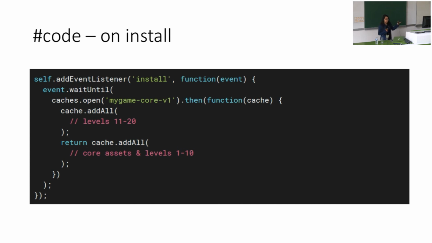Please note that these are asynchronous operations, so it might be the case that the service worker has terminated before these operations actually complete, which is why we provide an event.waitUntil so that the service worker does not terminate before these operations have taken place. And if any of the files that you list as the resources to be cached fail to be cached, then your installation would not be successful.